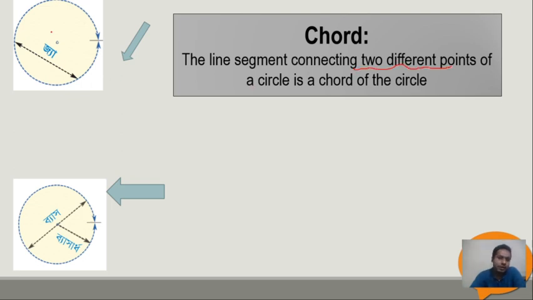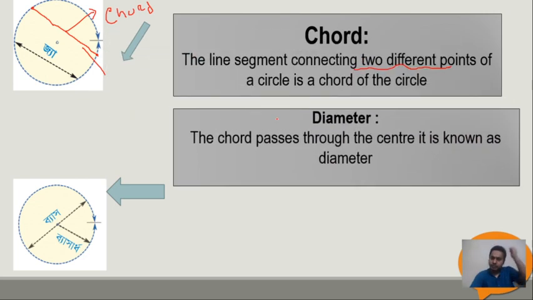If this is one point and this is another point, the joining line of these two points is the chord of a circle. Joining two points on a circle is called a chord. My dear students, I think you can understand easily what a chord is.